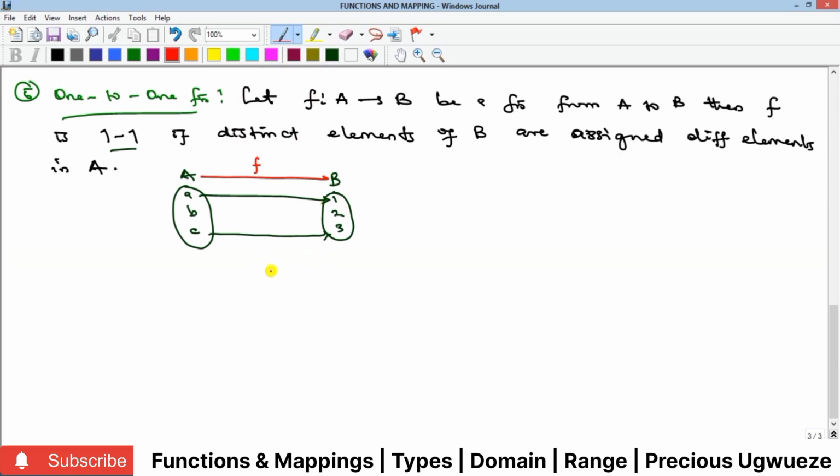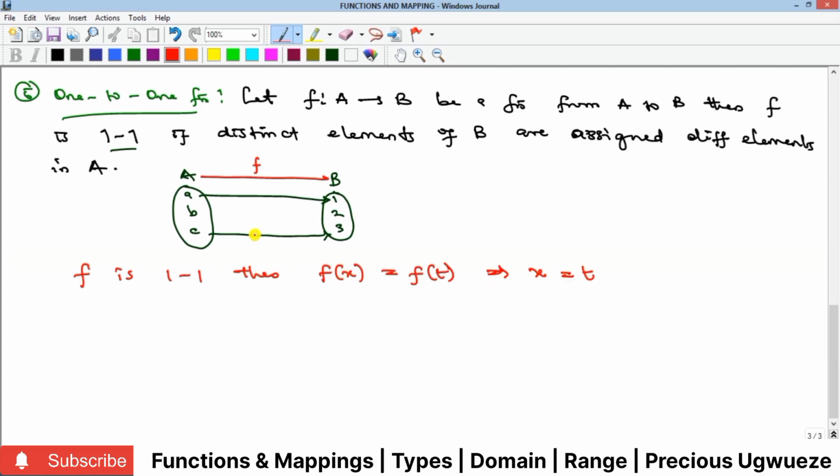Function. So another way to say this is that if f is one-to-one, f of x being equal to f of t automatically means that x is equal to t.